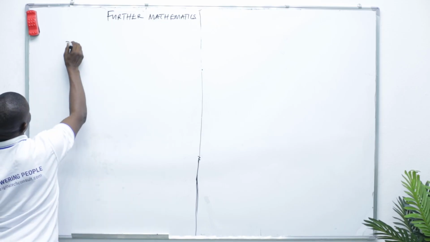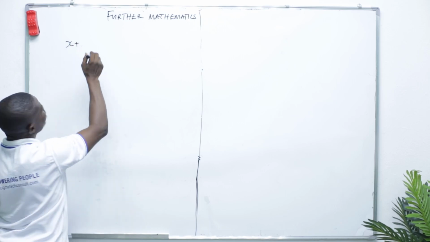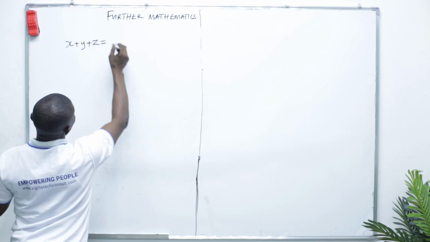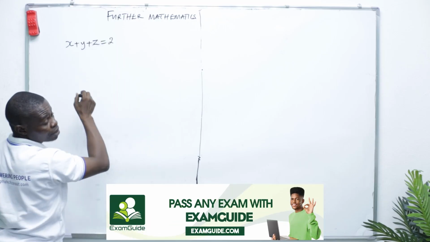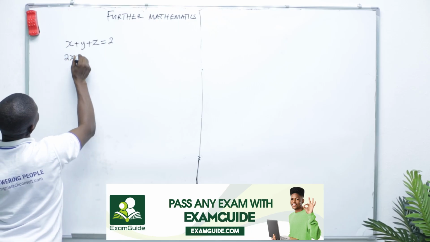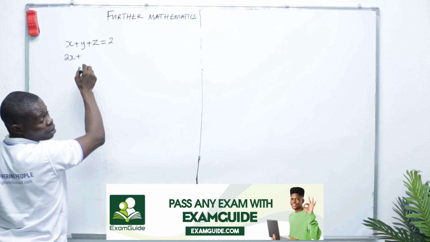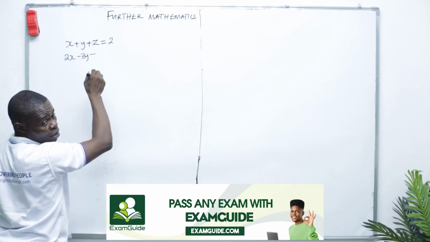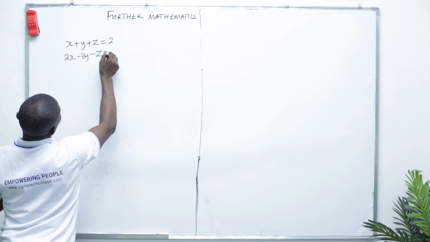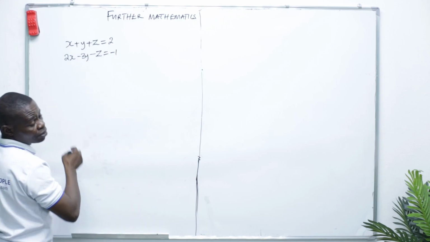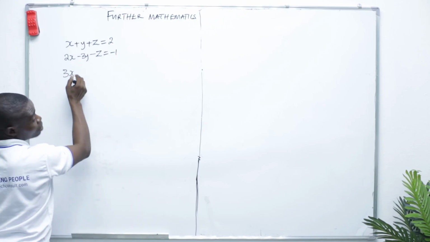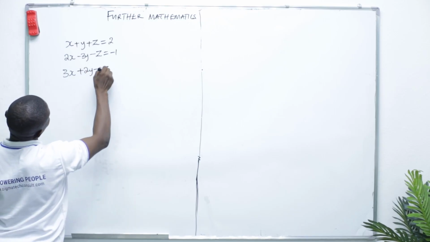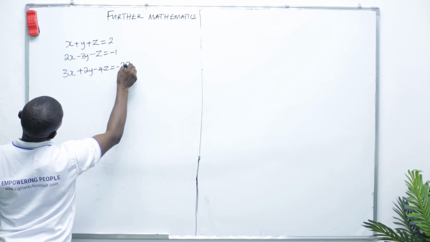So the equations: x plus y plus z equals 2, then 2x minus 3y minus z equals minus 1, then 3x plus 2y minus 4z equals minus 27.